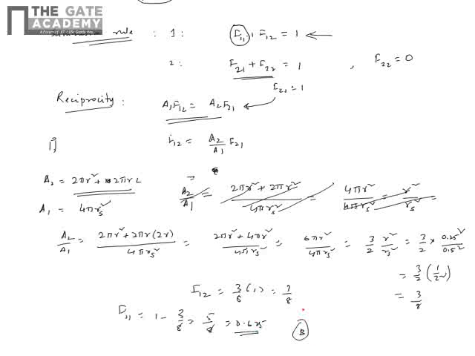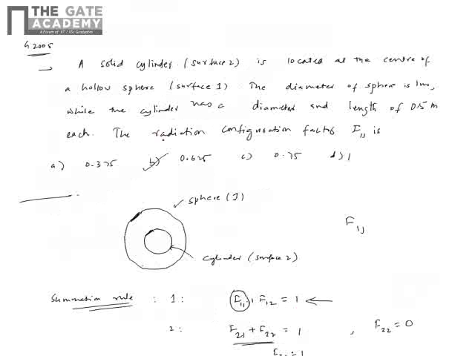So the answer for this is B, 0.625. So let's see whether 58 is B. Okay, so this is how you have to do a problem.